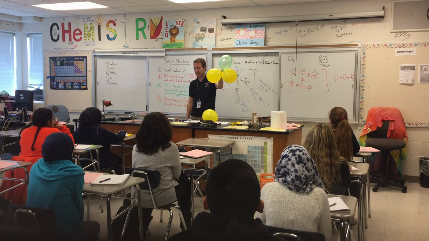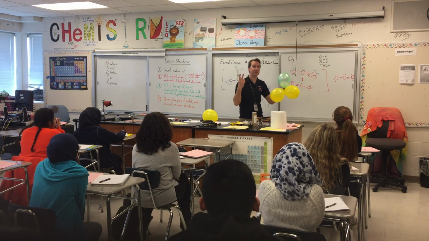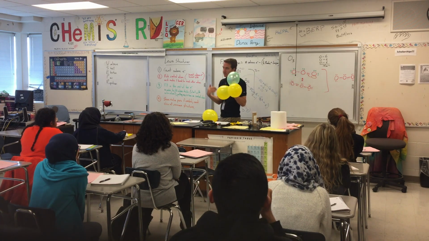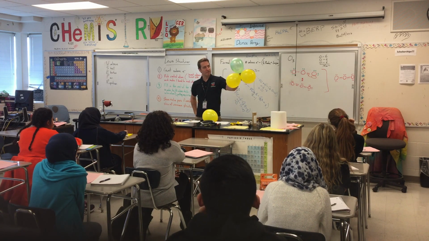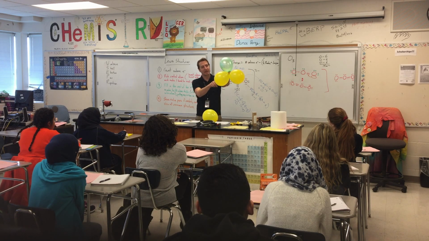That's a triangle, right? However, when we talk about the geometry of a molecule, there's two ways to talk about it. There's talking about the electron geometry. Factoring all the electrons in here, the shape is triangular. But if I factor in just the shape of the atoms, with my fingers in the middle as the central atom, and these two yellow balloons, what shape are they taking?